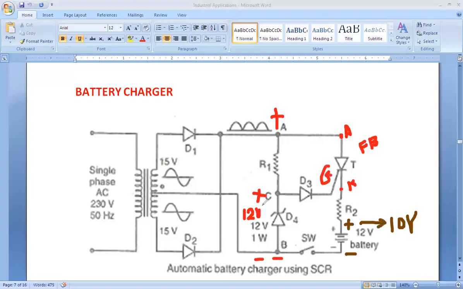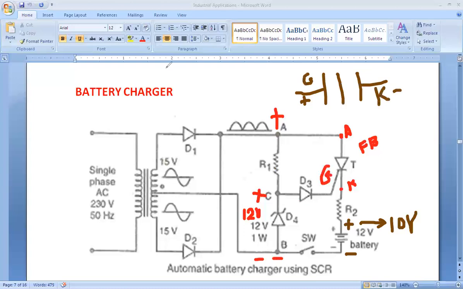But here the voltage across the Zener diode is 12. So here I am drawing the barrier between the gate. This is the gate terminal, and this is our cathode terminal. To break this barrier, the gate must be more positive than the cathode, right?